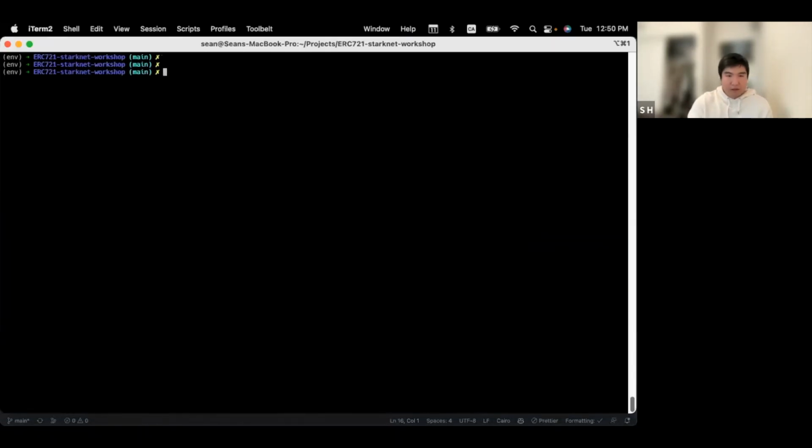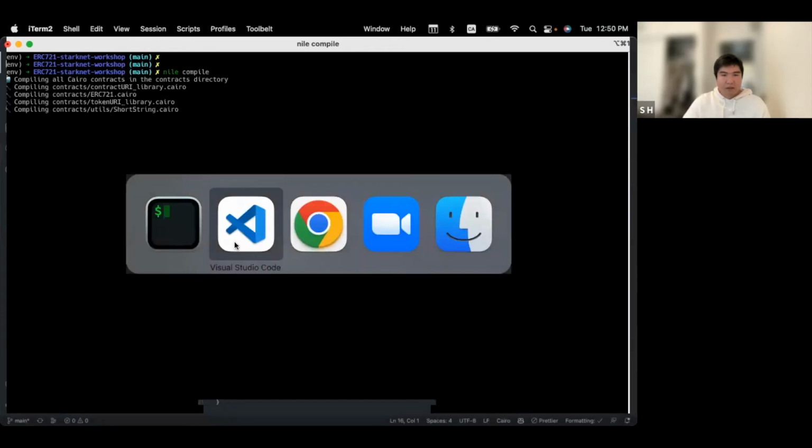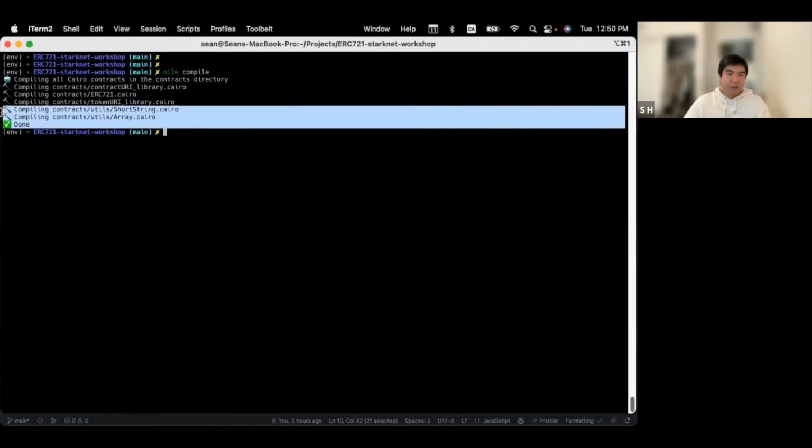So let's try compiling. I'm using Nile, which is a dev tool for StarkNet. I'm going to compile my ERC 721 contract. And as it's compiling, I'll describe the script that I wrote. I'm using StarkNet.js, which is a JavaScript library for StarkNet, and we're taking the compiled ERC 721 contract, which is done now.